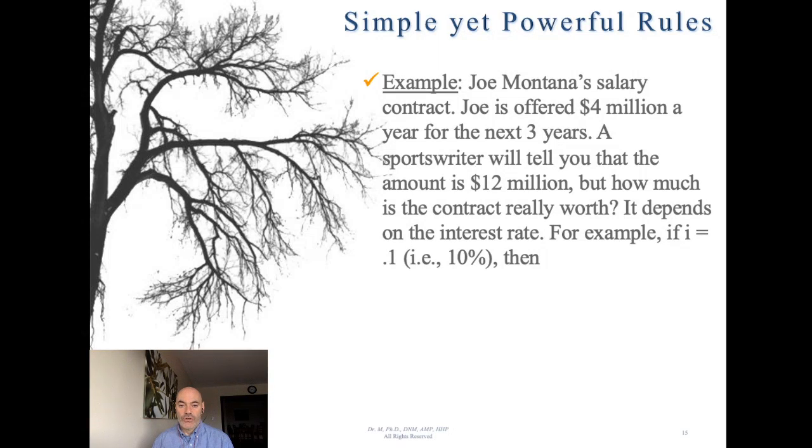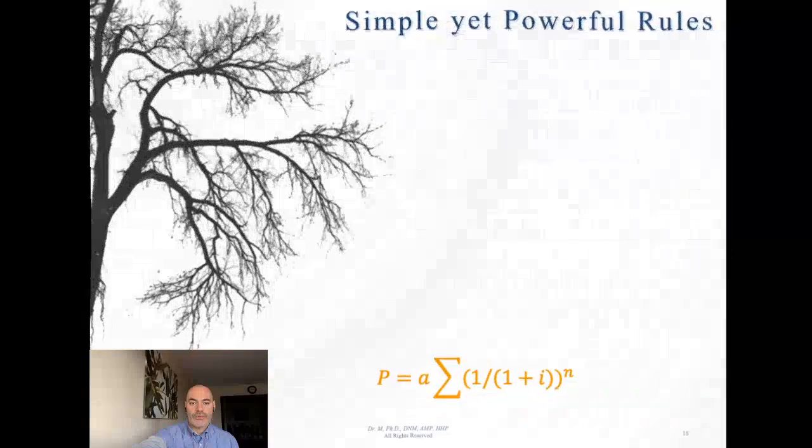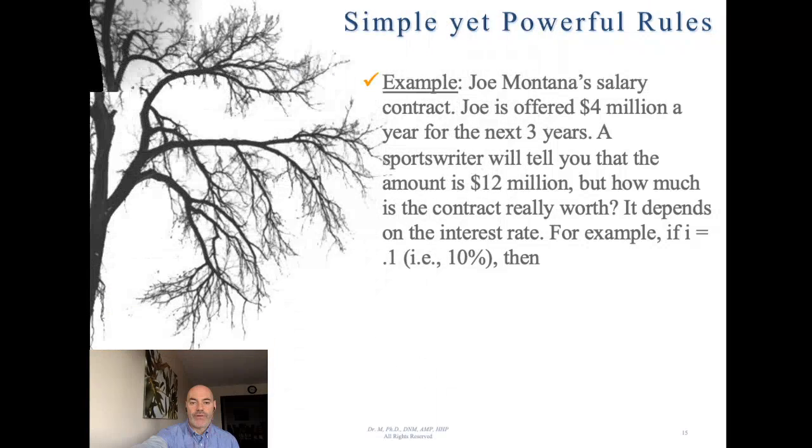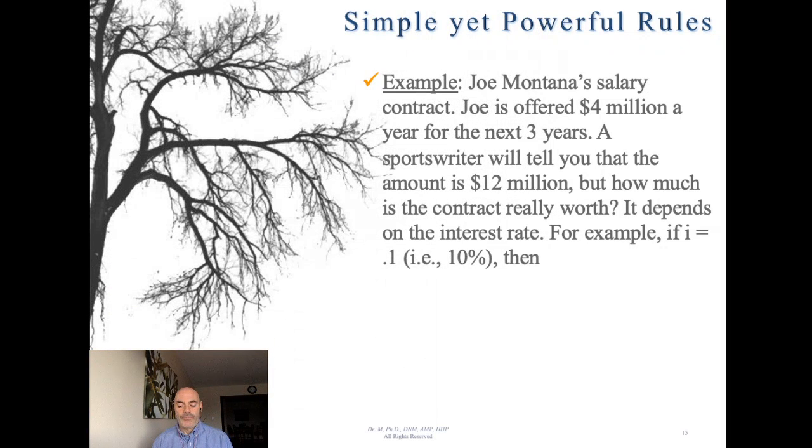In economic terms, that would be incorrect, because if the interest rate is equal to 10%, then you actually find that this contract is worth around $10 million. To be precise, $9,949,667.54.